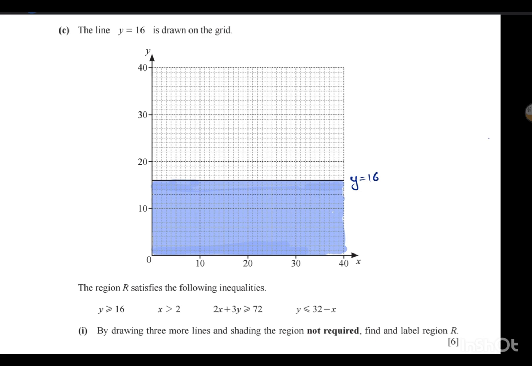X greater than 2. First you have to draw the x is equal to 2 line. From 0 to 10 there are 10 lines, so x is equal to 2 will be here. From here you have to draw a dashed line, because it is just greater than, not equal to, so you cannot draw the bold line.